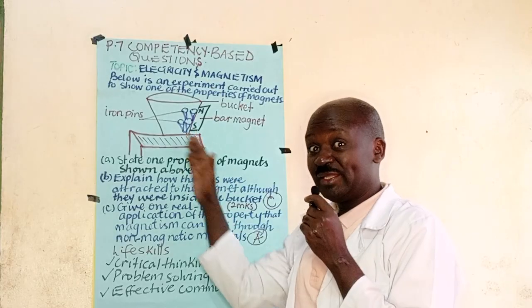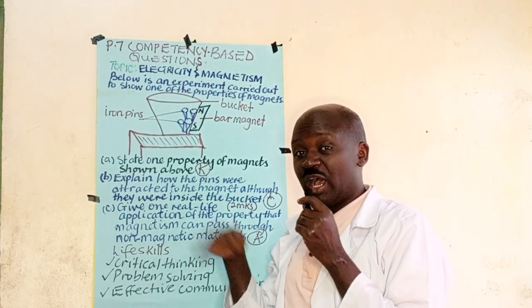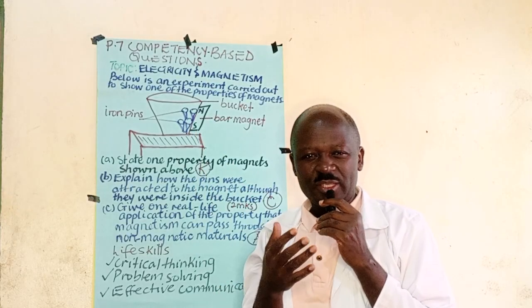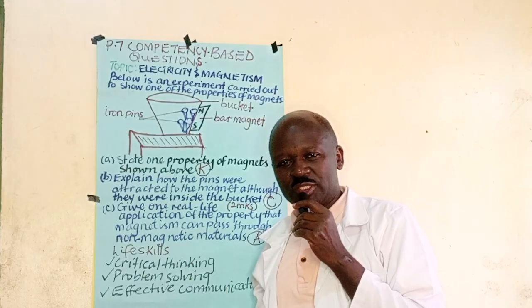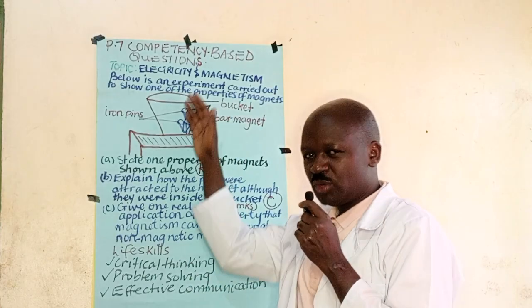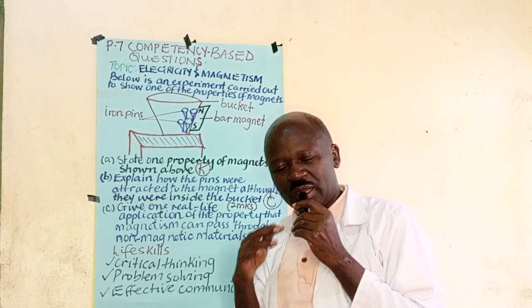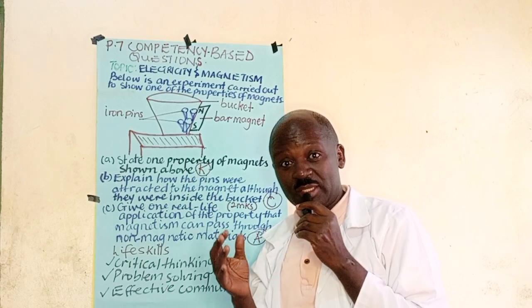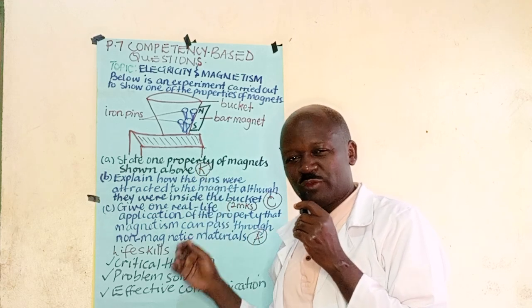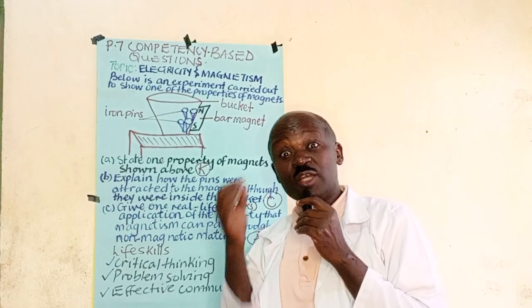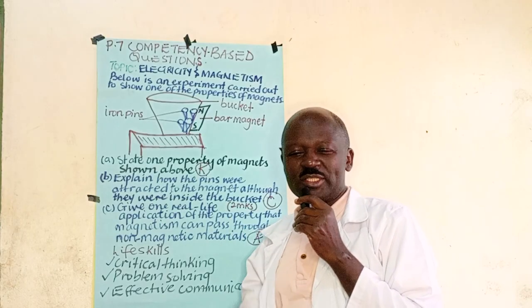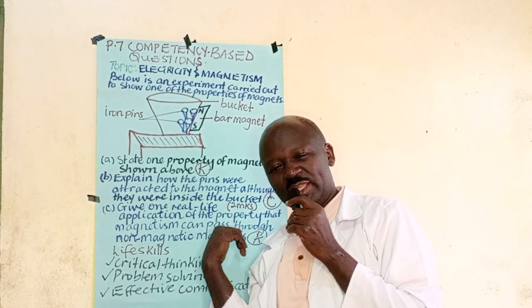So you have seen the layout of the experiment. After showing these learners the materials to use, then you can go to the drawing, or if you have a chart, you would have drawn that diagram on a piece of paper like the way I've done, in order to save time. You are supposed to do that before the lesson.